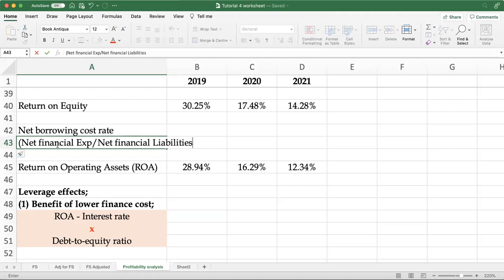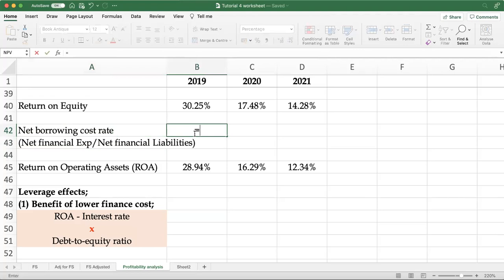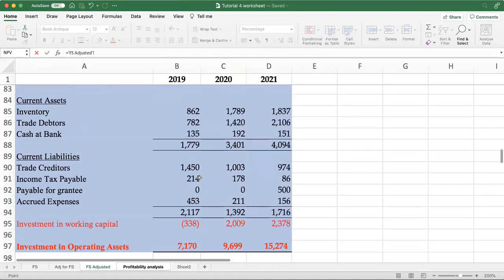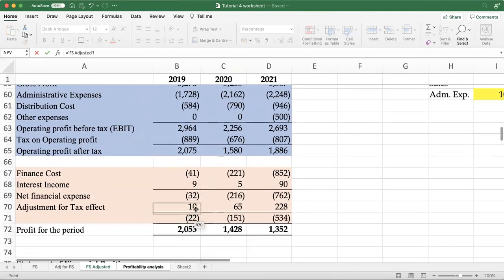Net financial expense divided by net financial liabilities. So that's the net interest rate. Net financial expense in your reformulated financial statements, 32 in 2019.